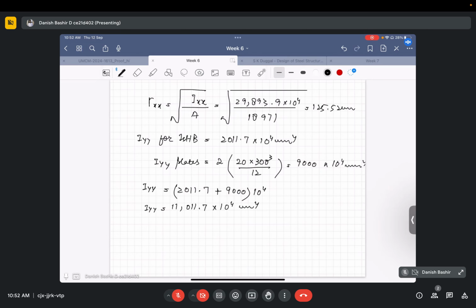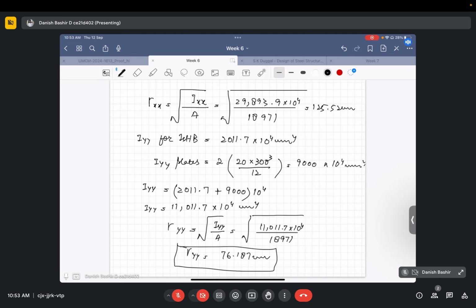Area of cross section will be the same. RYY is IYY divided by A, which is 11,011.7 into 10 power 4 divided by 18971. RYY comes out to be 76.187 mm. So the least radius of gyration is RYY.